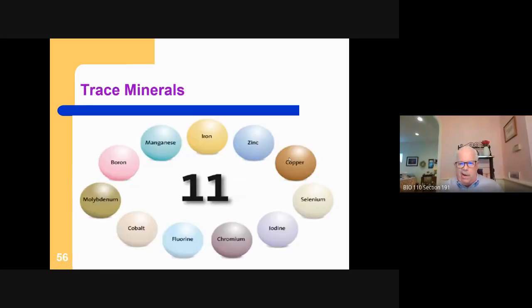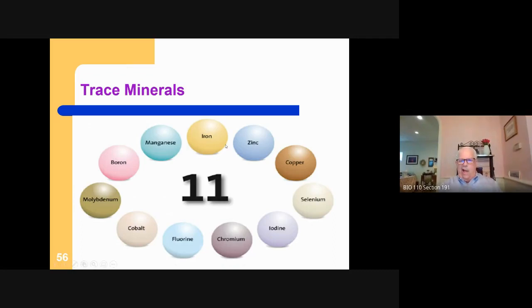The trace minerals. Remember, I want you to know the macro minerals. The trace minerals are iron, zinc, copper, selenium, iodine, chromium, fluoride, cobalt, molybdenum, boron, and manganese.